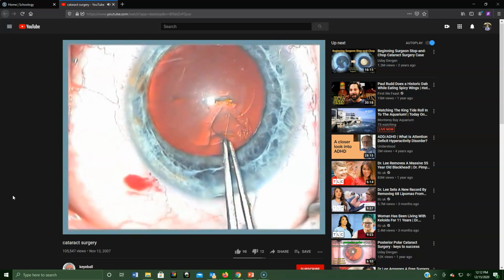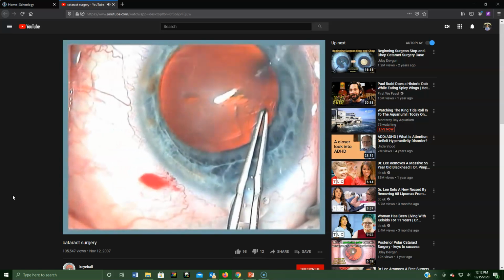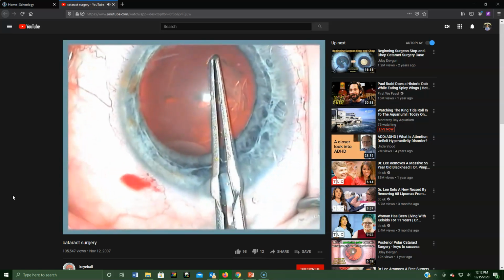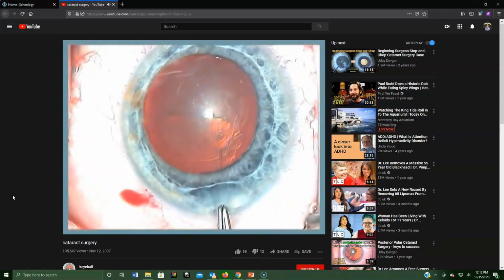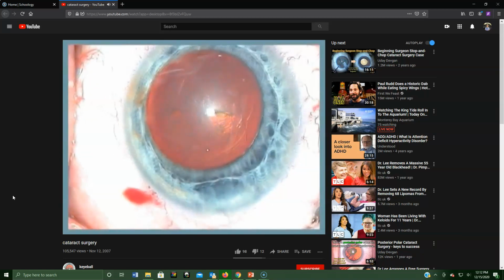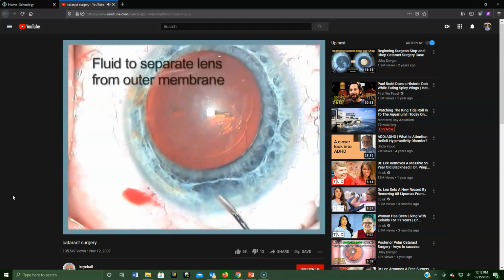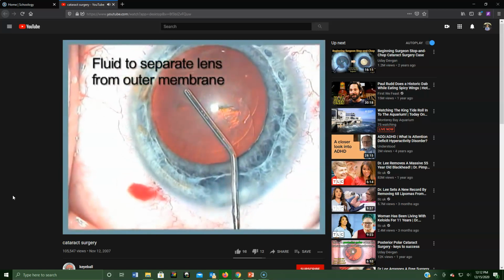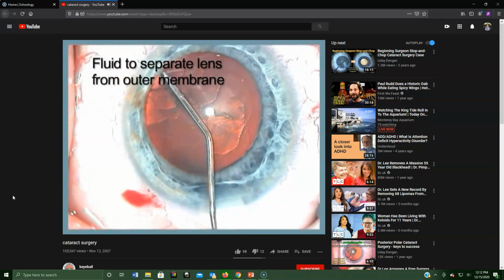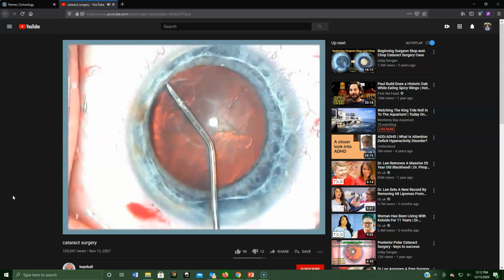The rest of the outer membrane layer will remain to hold the new lens in place. Fluid is used to separate the lens from its outer membrane. You can see the fluid wave in action.